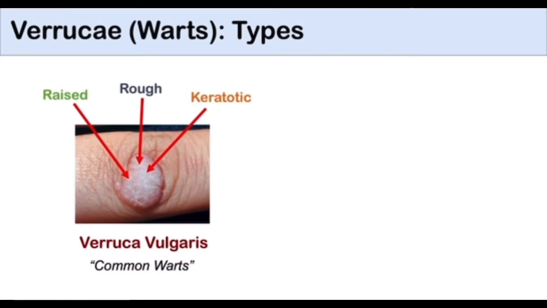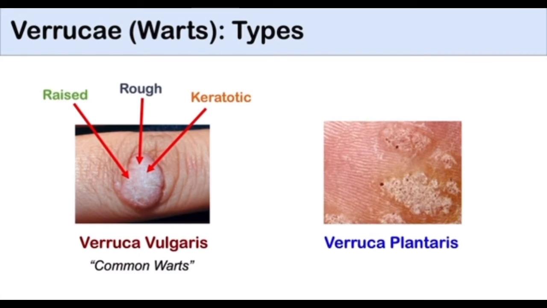Now, another common type of wart is verruca plantaris, or the plantar warts. These are warts that occur on the soles of the feet. A way to diagnose them is that they're generally flat. As you can see here, they disrupt these normal lines and folds in the skin.